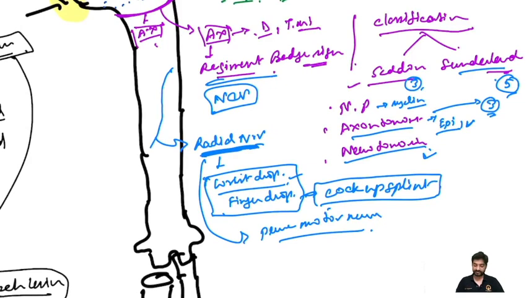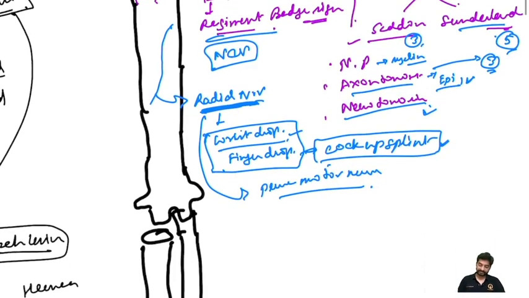So your answer will be the cock-up splint. And the radial nerve also gets injured in a special type of fracture, fracture shaft humerus, a special variety known as Holstein-Lewis fracture.